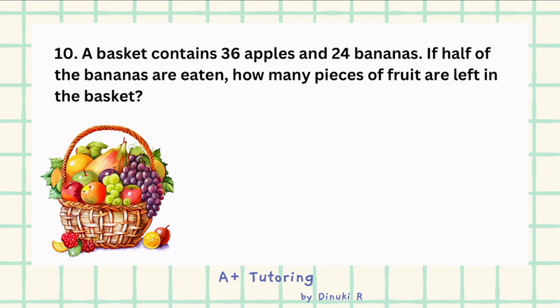So, a basket contains 36 apples and 24 bananas. If half of the bananas are eaten, how many pieces of fruit are left in the basket, right? To make things a bit easier, I've included a very pretty picture of a fruit basket here. I know it's got other fruits in there, but essentially just to visualize, let's say that we've got 36 apples.